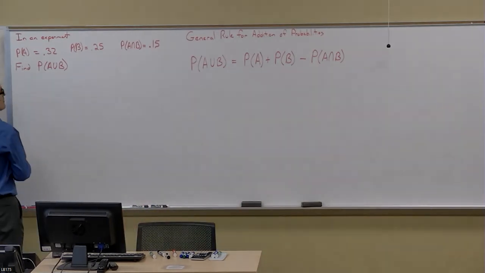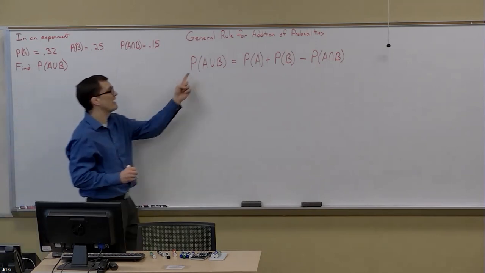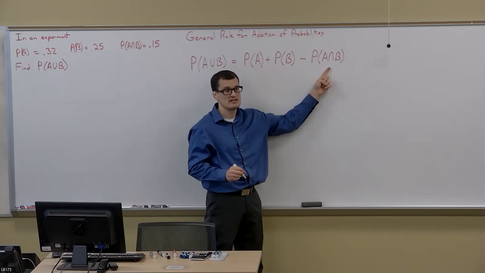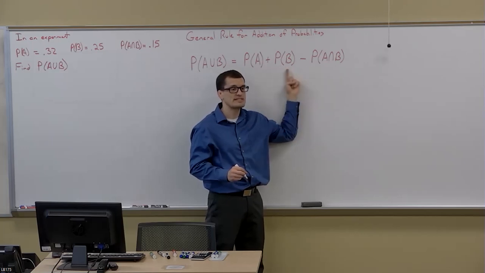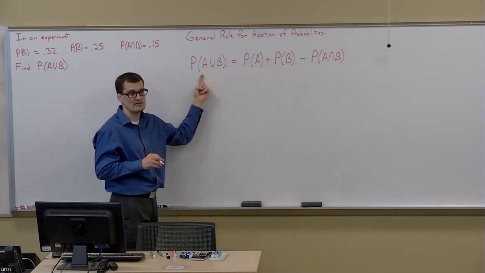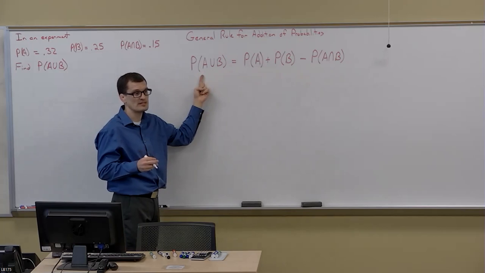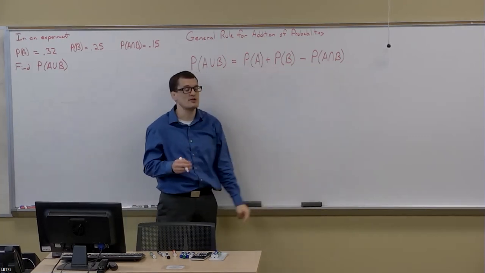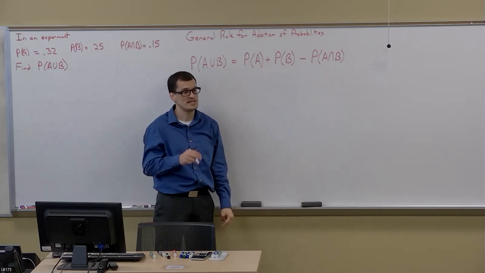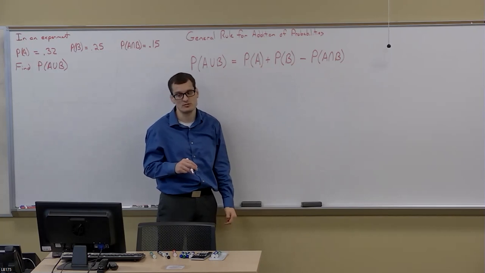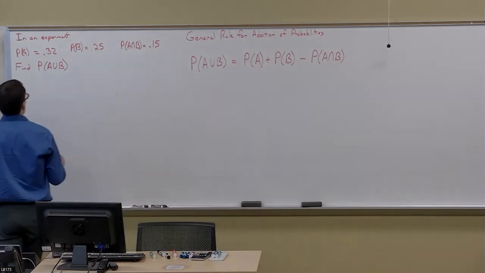So what I can do, if ever I have 3 of these numbers, I can plug in those 3 numbers and find the 4th number, the 4th probability. Everybody understand that? This general rule has 4 probabilities in it. If ever I know any 3 of those, I can plug those in and find the missing one using that general rule. And that's essentially what we're going to do here.